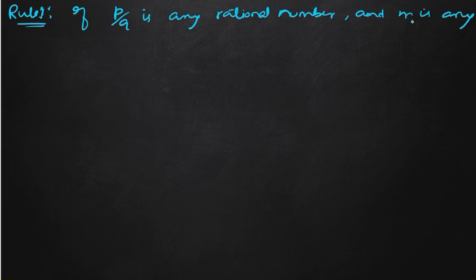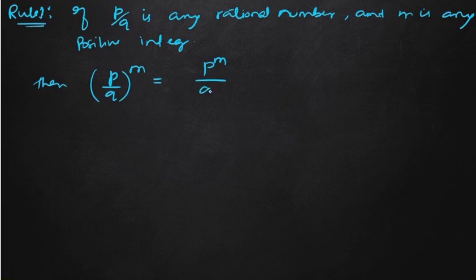If p by q is any rational number and m is any positive integer, then p by q whole power m can be written as p power m by q power m. So this is our first rule.